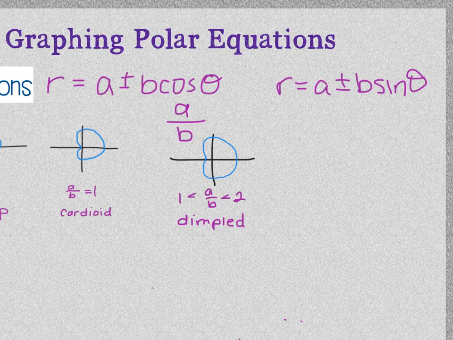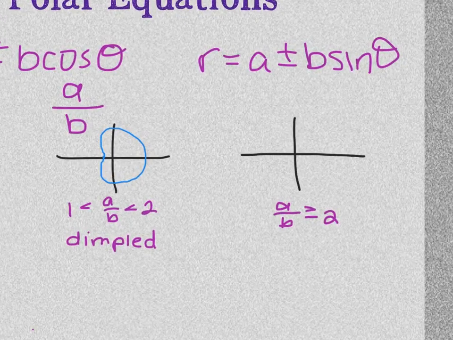And if it is greater than or equal to 2, then it's convex, so it's got a flat side.